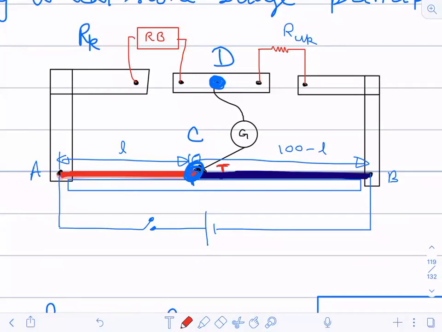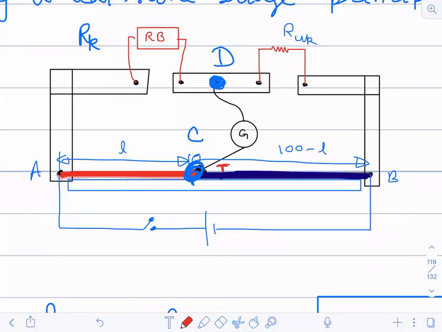Then you have R suffix UK, that is an unknown resistor, so 2 resistors. Now one resistor is the galvanometer, so that's the third resistor. The fourth resistor is the wire AC of length L, which will be playing the role of another resistor. Then another resistor will be wire CB of length 100 minus L.